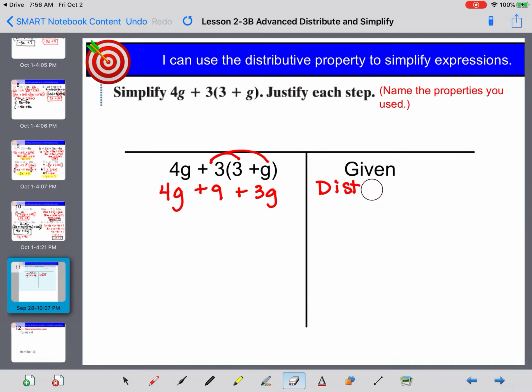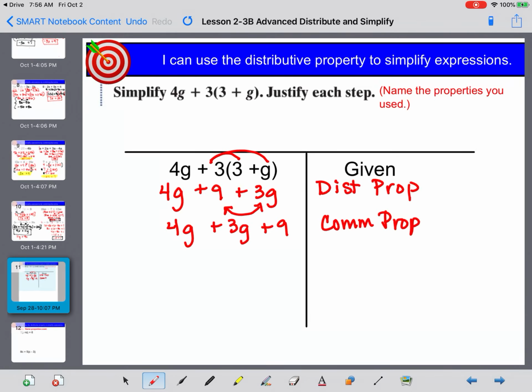If you want to shorten that like this, that's fine. The next thing we're going to do is we want to get our like terms by each other. 4g plus 3g plus 9. That was the commutative property of addition. Then I'm going to group together the like terms.